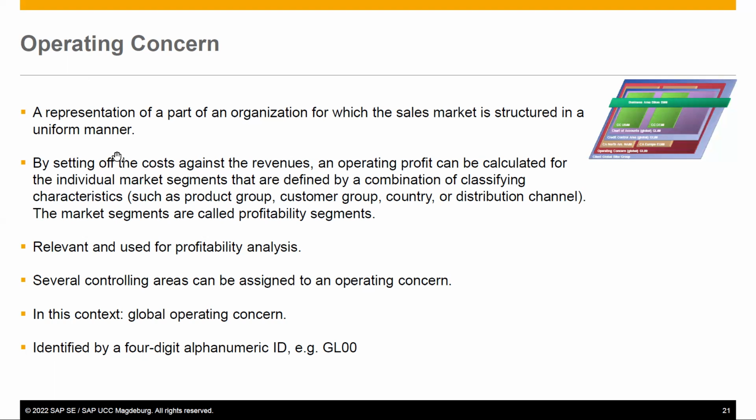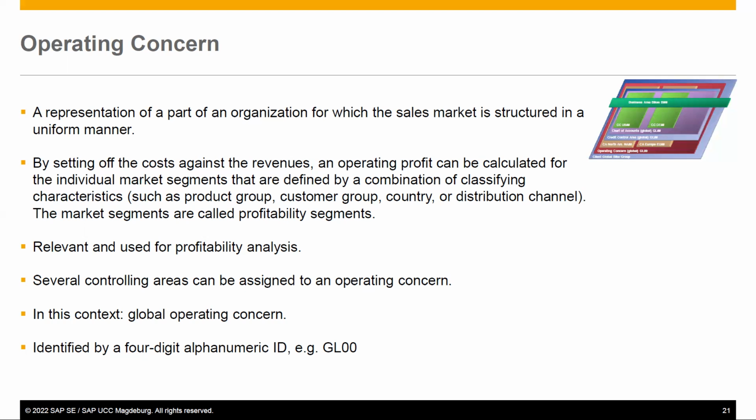The operating concern can be used for profitability analysis, to see where we are making money and where we are losing money. Several controlling areas can be assigned to an operating concern.